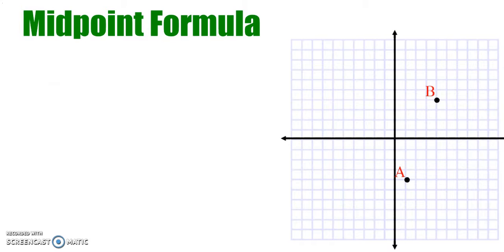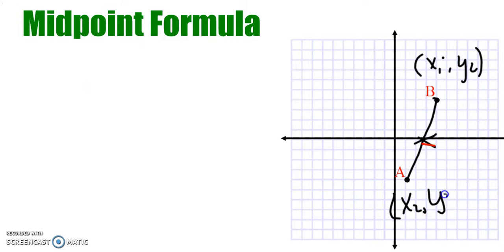Okay, let's go back to the midpoint formula. If you recall the midpoint, if I had this distance between A and B, still the same distance as before, I now want to locate exactly at the middle. To do this, if I have an ordered pair x1, y1, and the ordered pair x2, y2, I literally want to find the middle. Well, the middle of anything is the average. The middle of two things is the average.